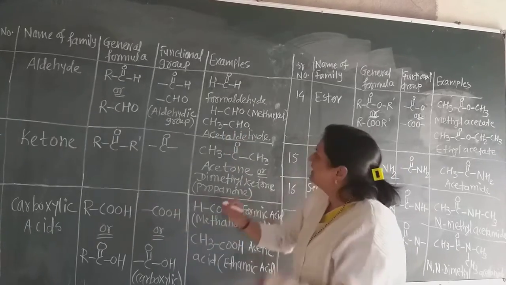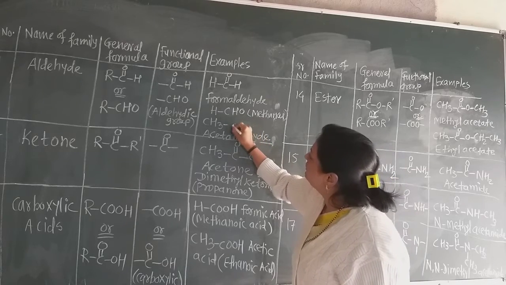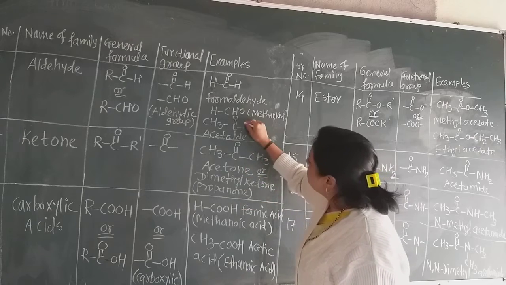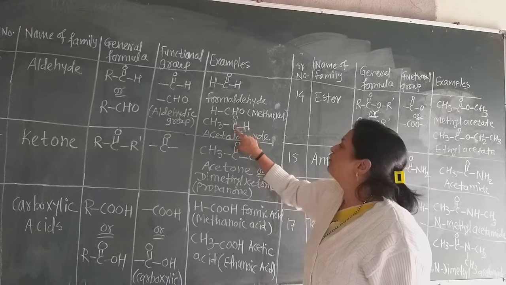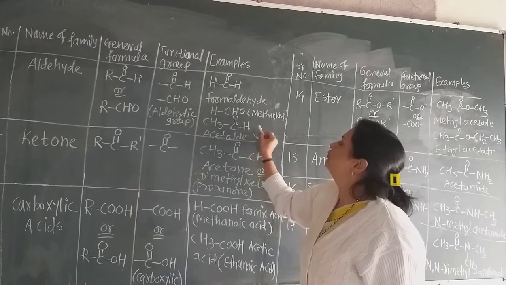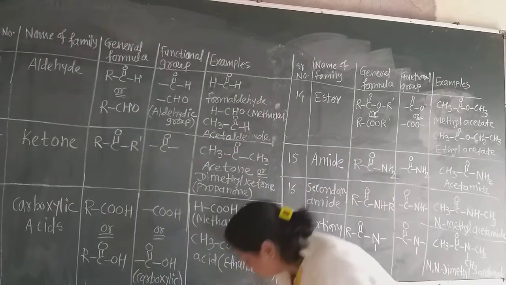This may be written as CH3CHO, or this can also be written with C=OH. Now see here, why do I write it in this way? Because I want to tell you that this aldehyde group is always at the end position in the molecule.